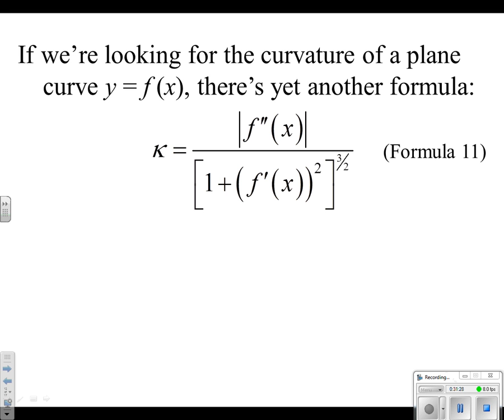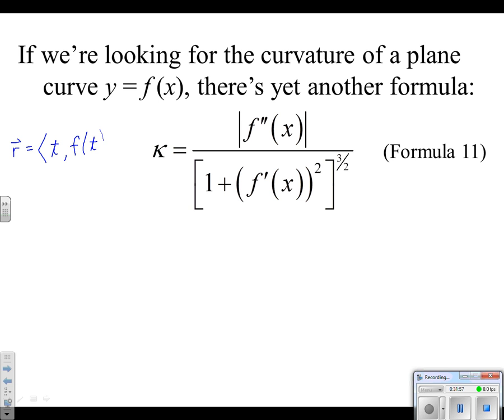Now, if you're curious where this comes from, it comes from basically taking that scalar function and creating a vector function out of it. If we define r as equaling, well, in 2 dimensions, we can parameterize with just t and f of t.